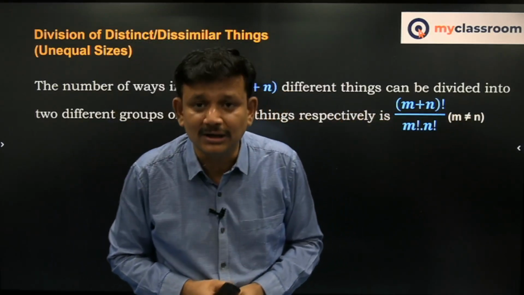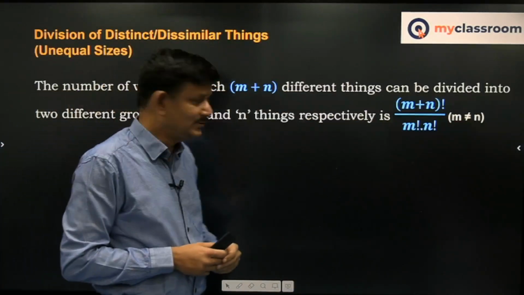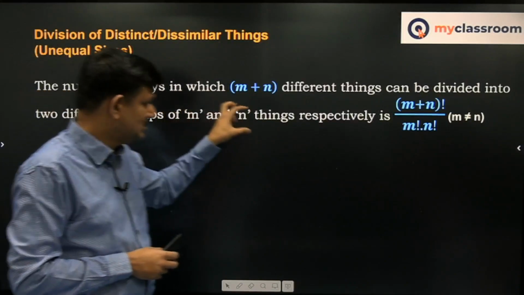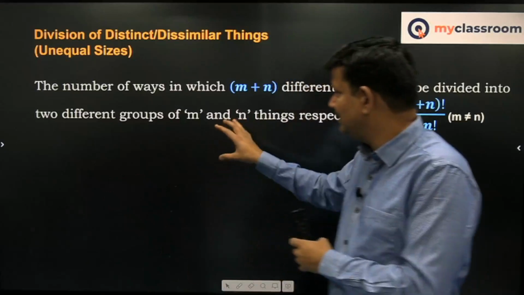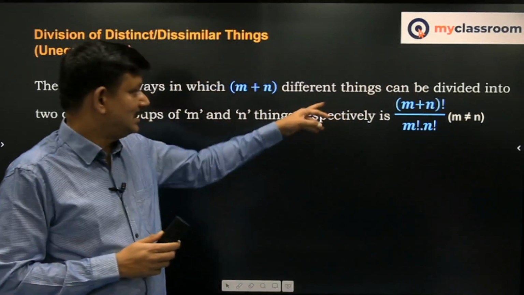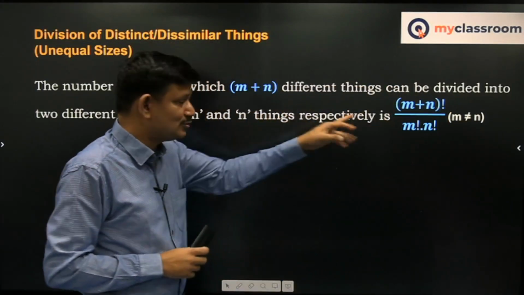Whenever m is not equal to n, I can divide m plus n different things into 2 groups, or among 2 persons, or in 2 boxes of size m and n. Sizes are given here, m and n. In how many ways? (m plus n) factorial by m factorial into n factorial. Only thing is m should not be equal to n.